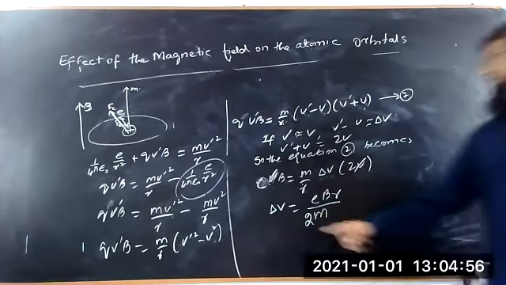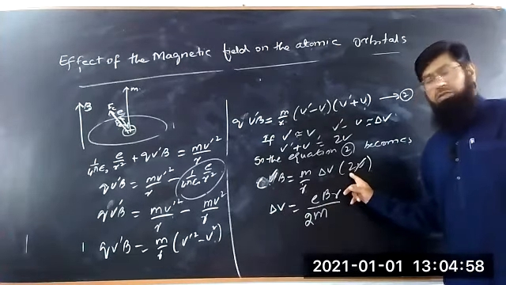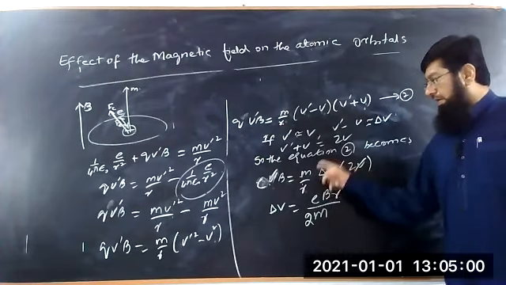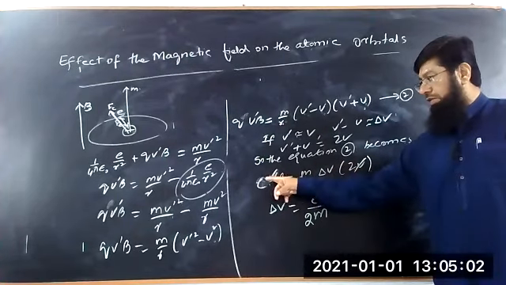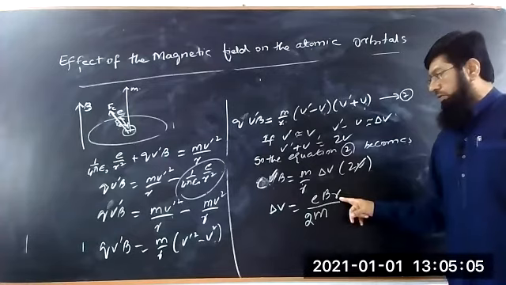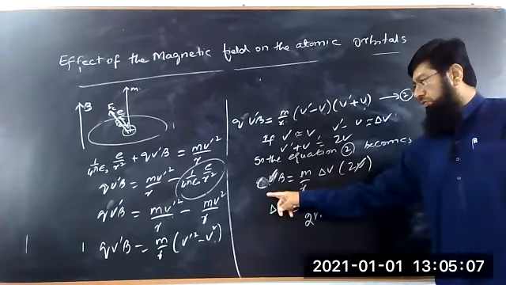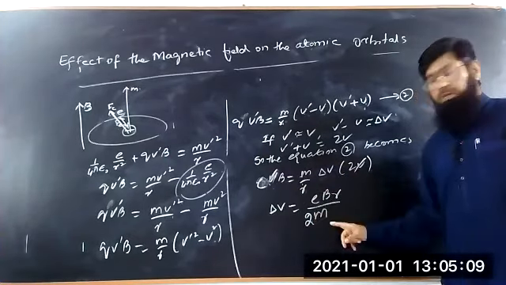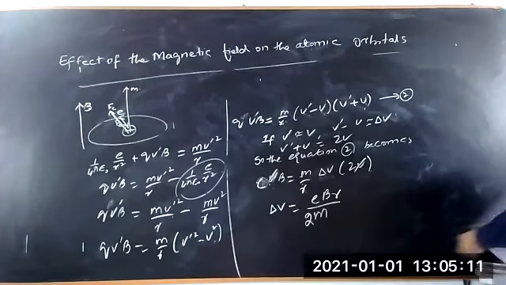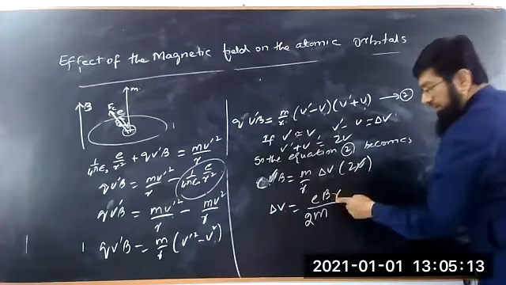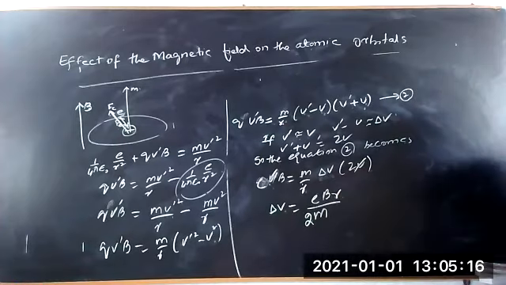This is delta V, which we have obtained by cross multiplication. Delta V is equal to EBR, M goes down, 2 goes down, which is 1 upon 2m. So delta V is equal to EBR upon 2m.